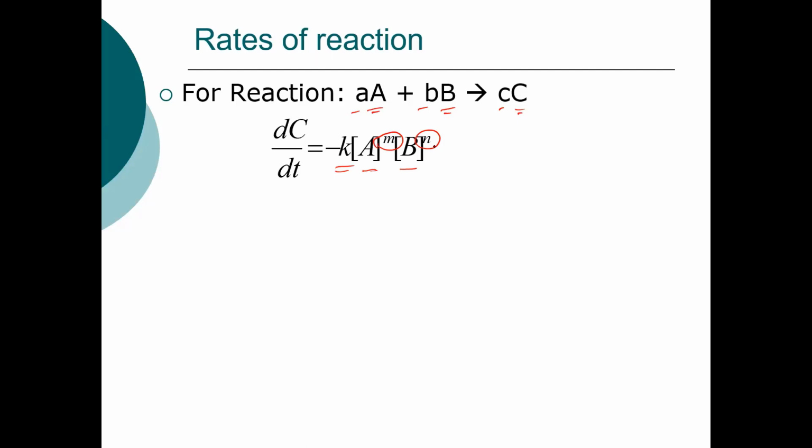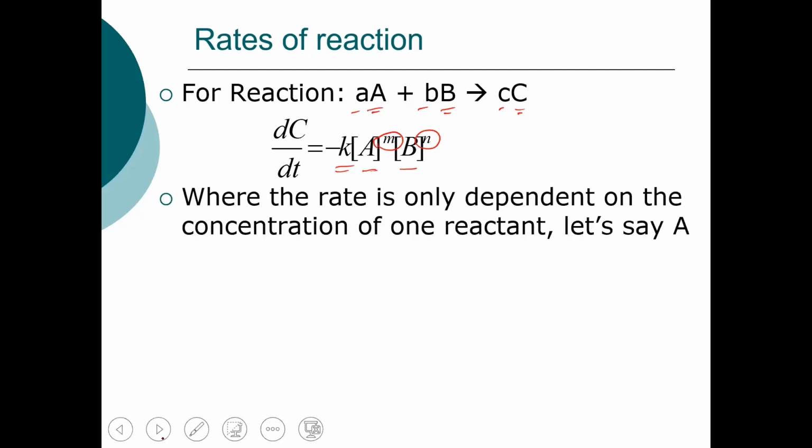M and N are empirically derived, so you've got to obtain this information from the empirical data.